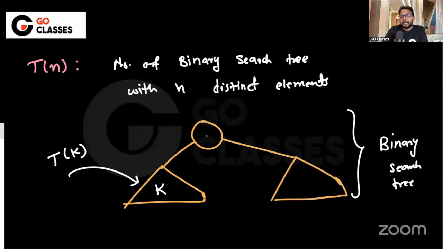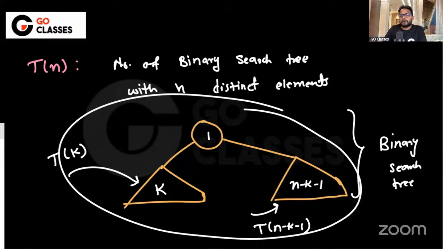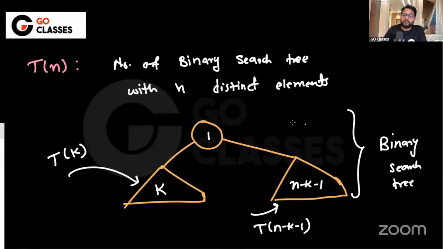If this is just one root, then these will be n minus k minus 1, I mean, the number of remaining. So how many binary search trees are possible here? T of n minus k minus 1. Is this okay to everyone? Based on just the definition, if n nodes are having Tn different binary search trees, then this must be having Tk and this must be having T of n minus 1 minus k, right?